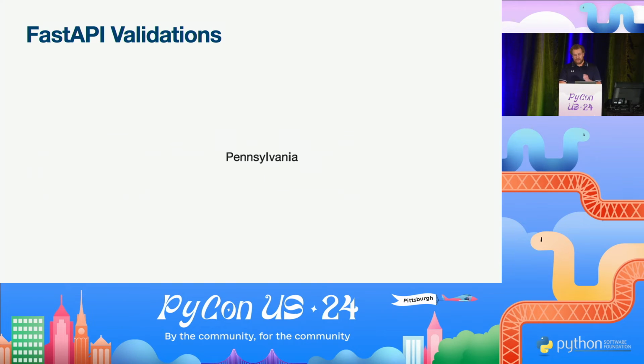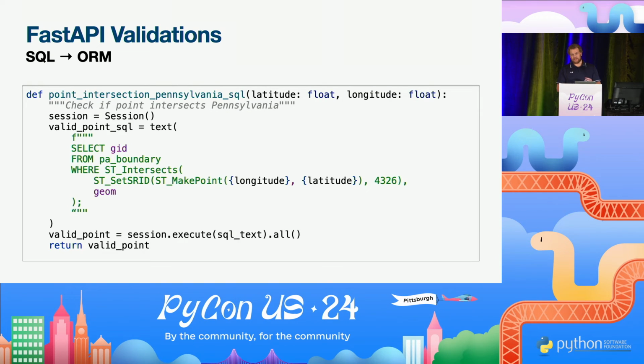So if we put this all together, where we have what we did with PostGIS and we want to put that inside of a Python function, it would look something like this if we use SQLAlchemy. This probably doesn't look too surprising for you, but let's go over just that SQL portion of it.